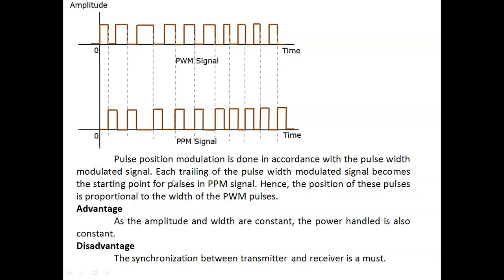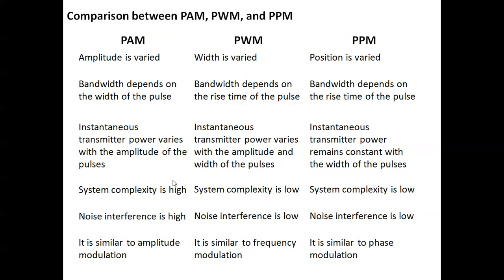You see the output, how it is positioned. The advantage is that the amplitude and width are constant, so the power handled is also constant and does not fluctuate. The drawback is that synchronization between transmitter and receiver is a must. That is a big drawback.